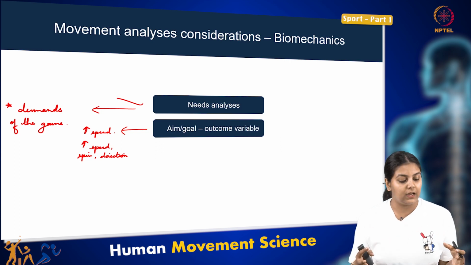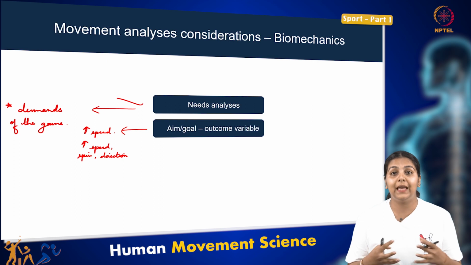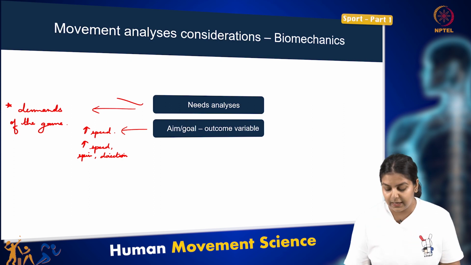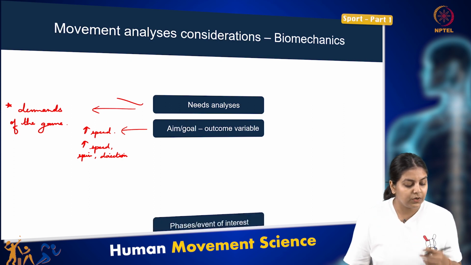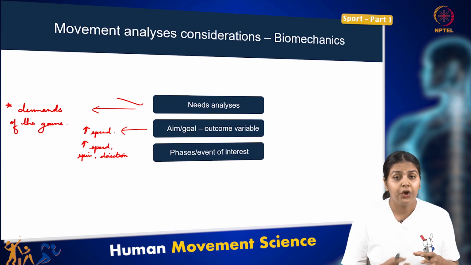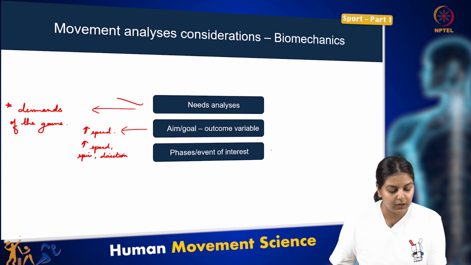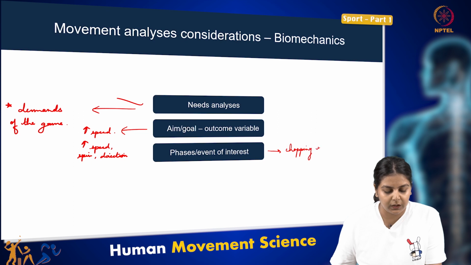So when you're studying a skill, once you've understood the needs of the sport, you then get into what is the need or the aim or the outcome variable that I'm looking at, right? So once you've defined your goal and you have an outcome variable, you break the skill down into phases. And we've looked at phasing analysis, which is pretty much chopping the skill into subsets, right?